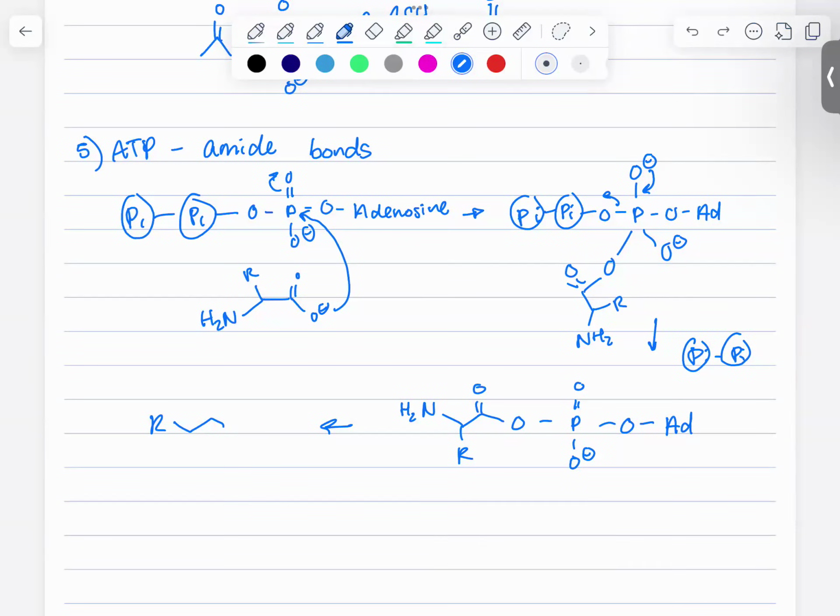Well, actually, I'll draw it out. We can have the lone pair off of this alcohol from the tRNA attack our carbonyl. We make another tetrahedral intermediate.